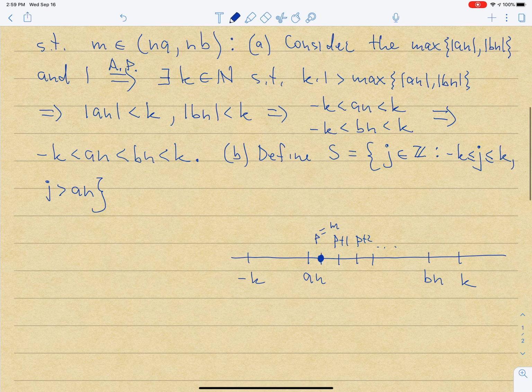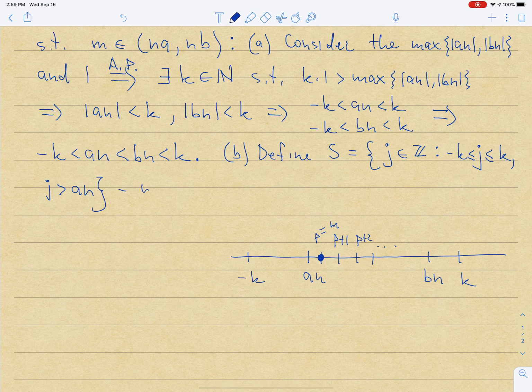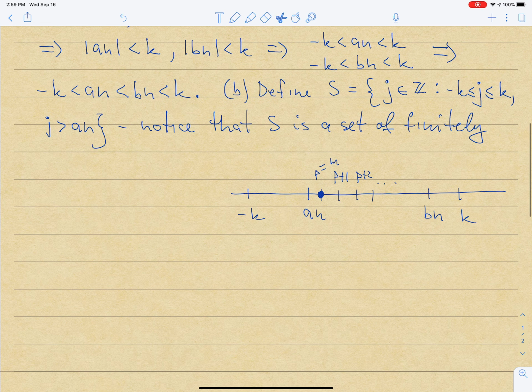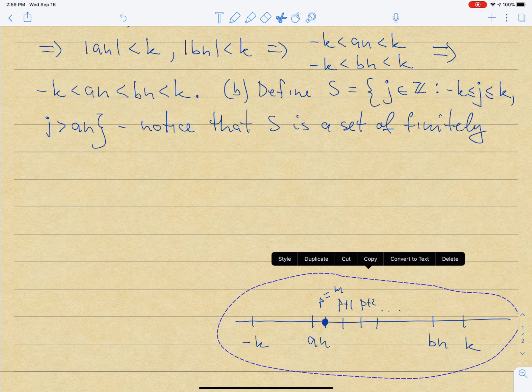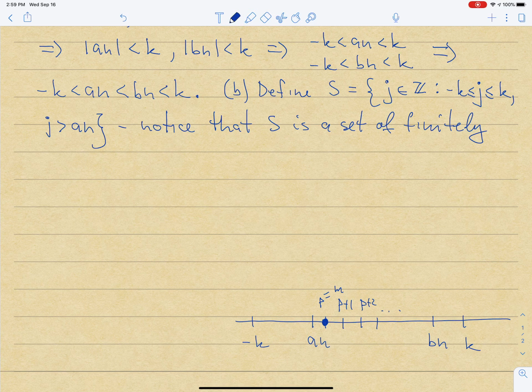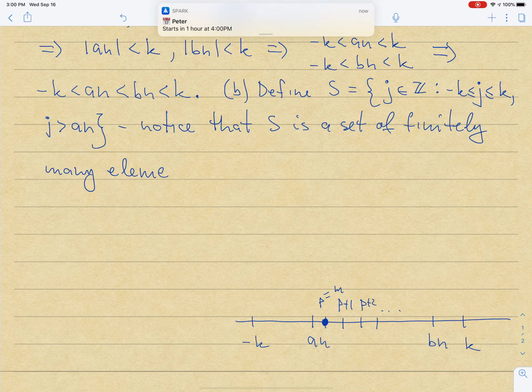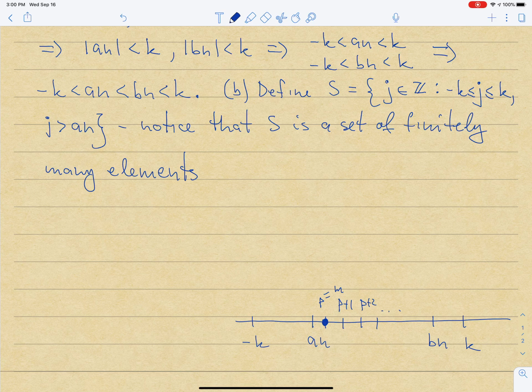I'm going to notice first. So notice that S is a set of finitely many elements. And if there's a set of finitely many elements, then what I can do is find the minimum of the set, right?